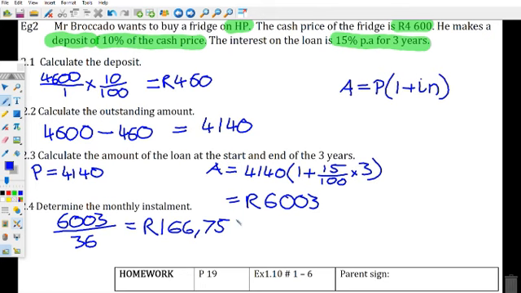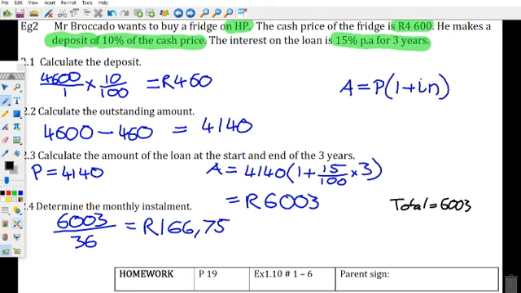So if we have to look at this, what would his total amount paid be? Total amount paid. What is it? How much did he pay? What's my A value? It's 6,000. So the total amount is going to be the 6,003. But what did he pay in the beginning?